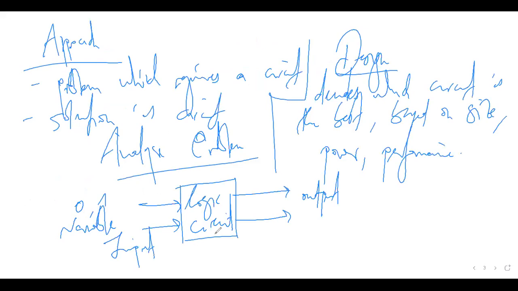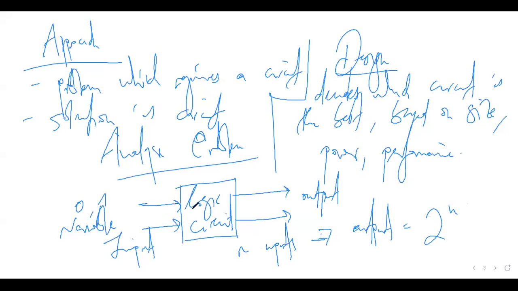From the analysis of our problem, when we have n inputs, n variables, then our output is 2 to the power of n. Very important thing to note.